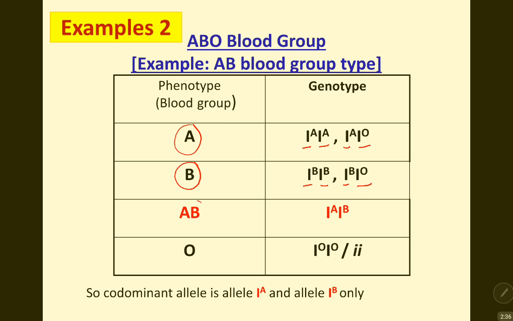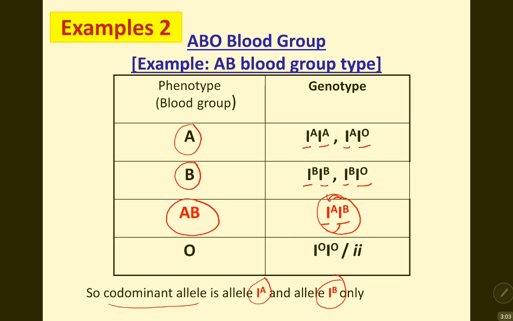But a human with blood group AB has the genotype IA-IB, meaning here, IA and IB are codominant alleles. Both of them are dominant, so none of them will lose to the other. Both of them will appear together. Both of them are powerful.